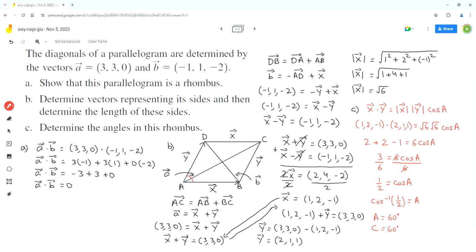So the measure of angle B will be equal to 180 degrees minus 60 degrees, which is equal to 120 degrees. And angle D is equal to angle B because they are opposite angles. So angle D is also equal to 120 degrees. So these are the angles in this rhombus.